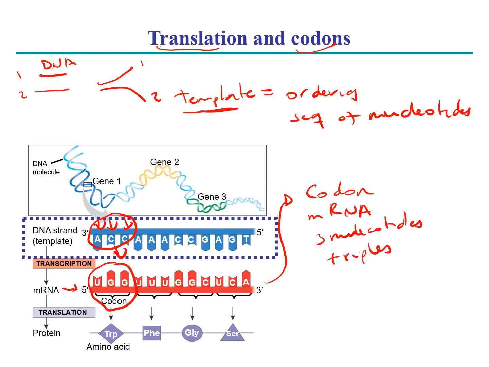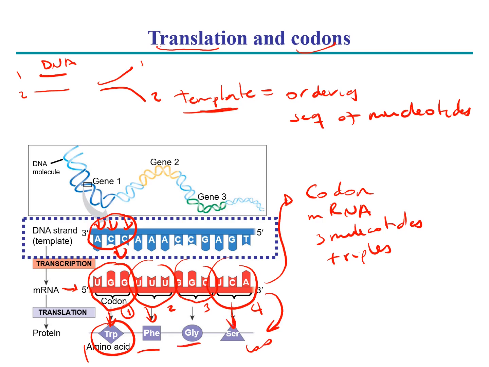And here you can see the first nucleotide, the second nucleotide, the first codon, the second codon, third codon, and this is the fourth codon. And the last thing that I want to tell you is that based on these codons, you know which amino acids will be located first or last. So the position of the amino acids depends on the order of these codons.